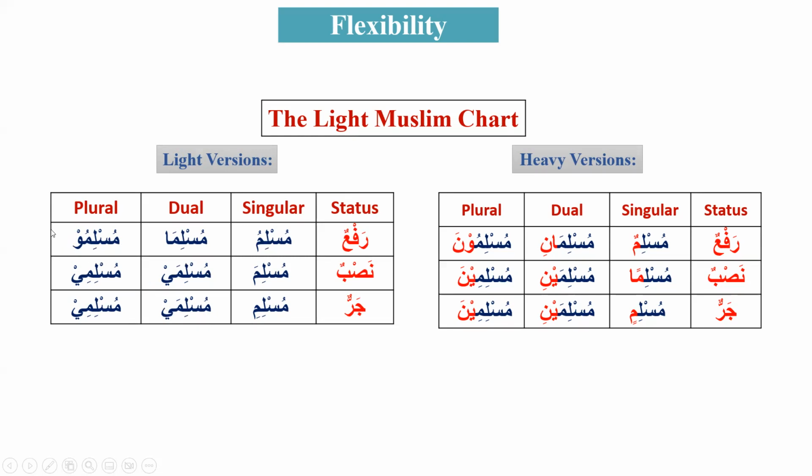Muslimu, again, noon sound is removed. And Muslimi. So remember, this is the light version. And there cannot be tanween here. Tanween will be on the heavy words, not on light words. Light words will never have tanween on them. Okay. All right. So after reminding this, I move to today's topic.